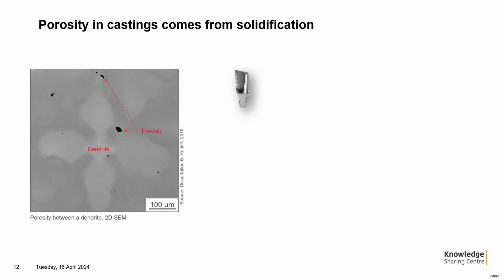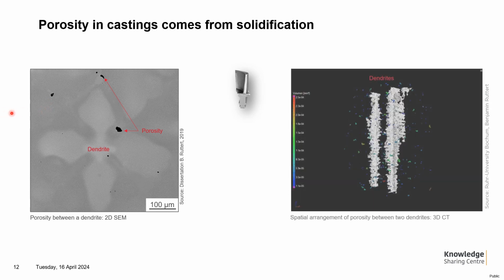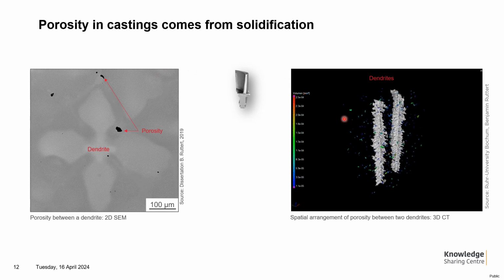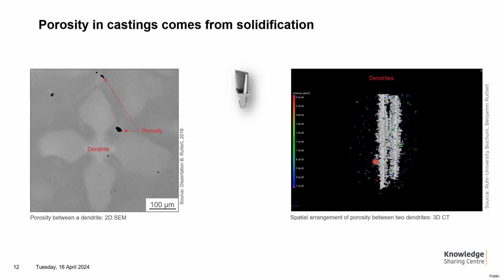We can see porosity in a 2D scanning electron micrograph of a cast nickel-based superalloy. Pores are these spherical to irregularly shaped black dots in this cross-section. In 3D, via computer tomography, we can see the spatial arrangement of pores in the volume.